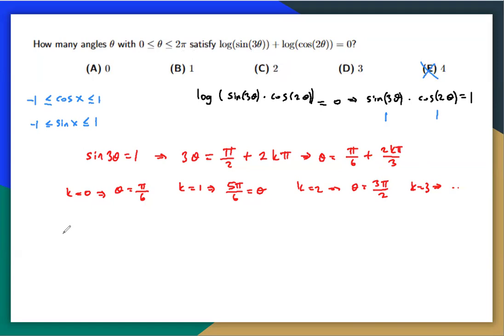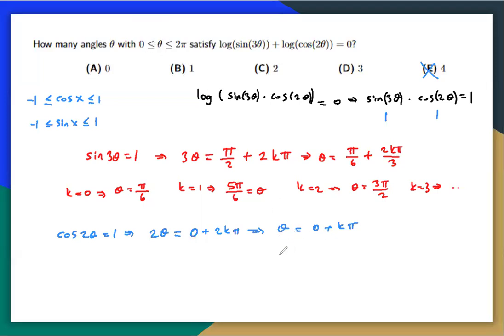And for the second function, we have cosine of 2 theta. This has to be 1. Again, in order for this to be 1, the inside angle, which is the argument 2 theta, has to be either 0 or 2 pi more than that. So if I just say 2 theta equals 0 plus 2k pi, I can divide by 2, and theta should be equal to 0 plus k pi. Now we can plug in the numbers.